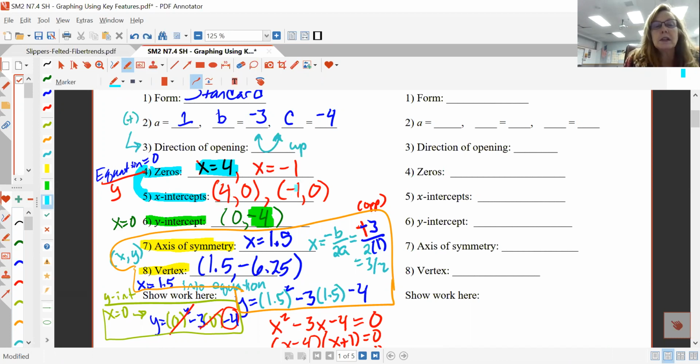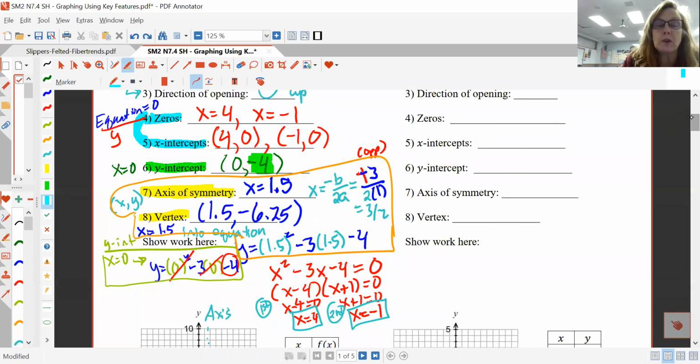So zeros, x-intercepts, they are exactly the same data set, just one is the solution number and the other one is the points you put on the graph. So this one has a solution set of 4 and -1, zeros of 4 and -1, x-intercepts of 4, 0, and -1, 0.